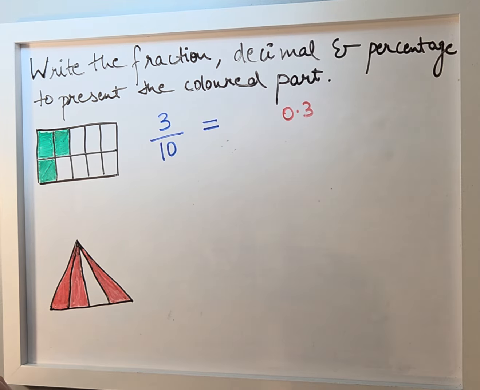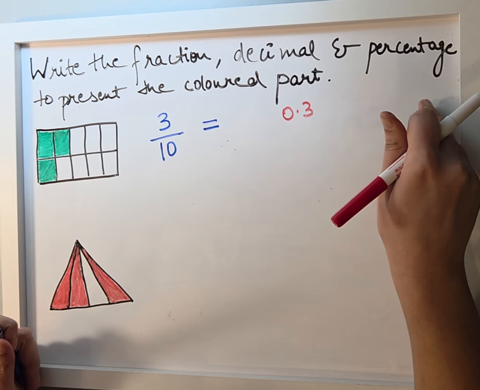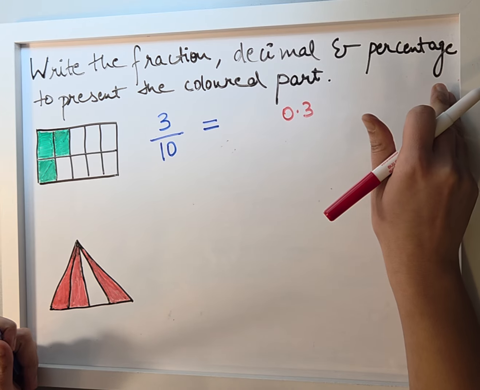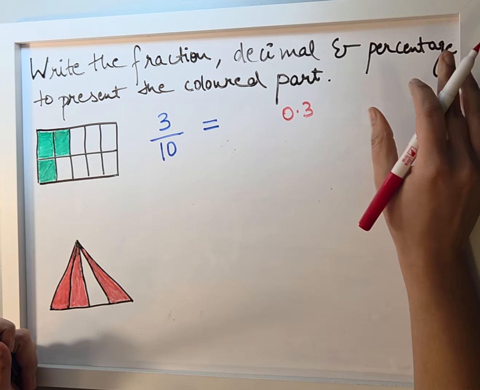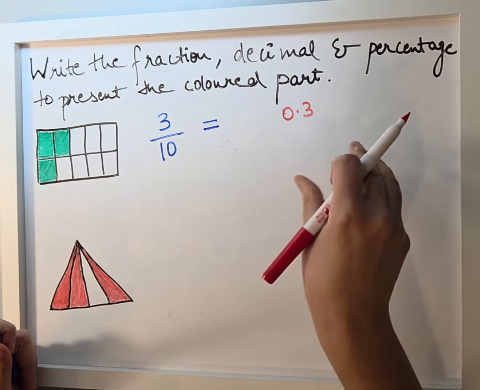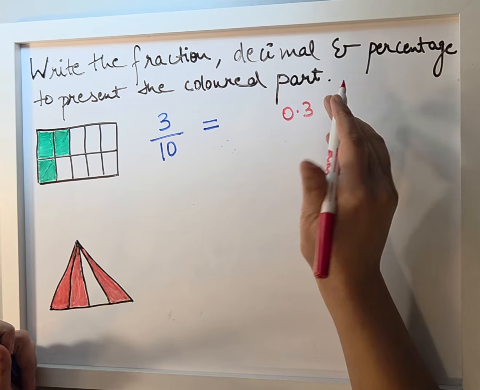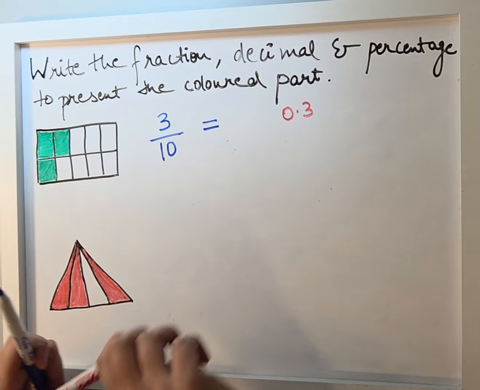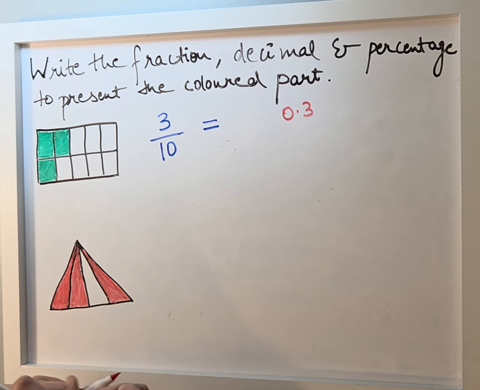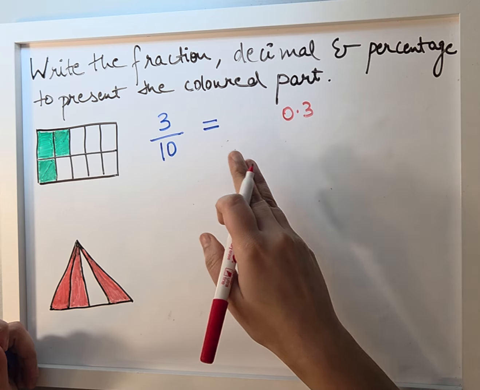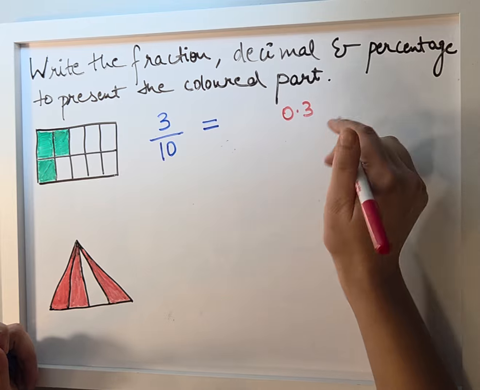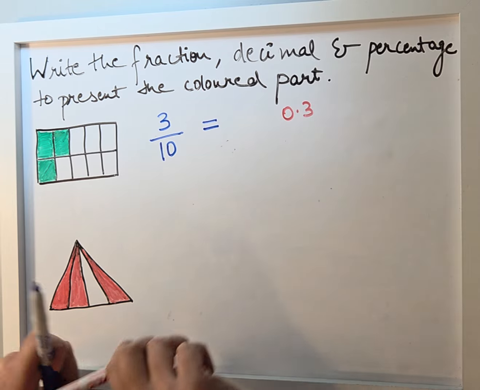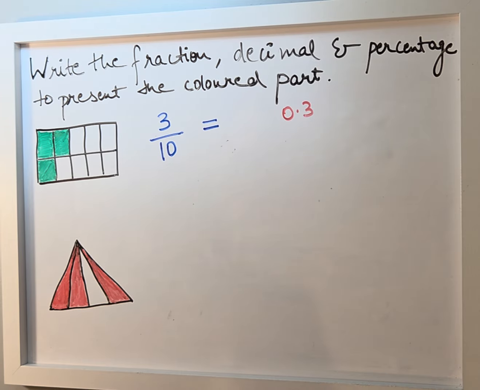And now when we have to represent it as a percentage, percentage is always per 100. So what do we have to do? We have to multiply it by 100 because it's per 100. So what is the rule?